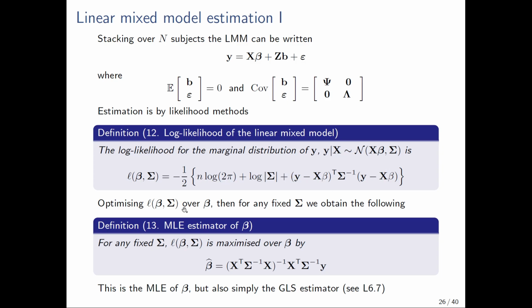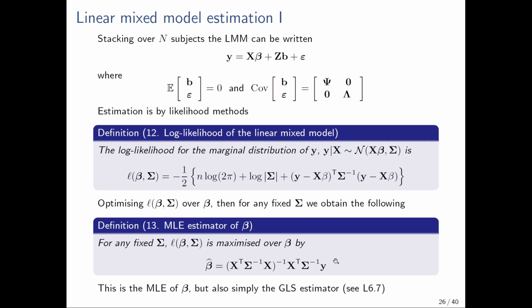Optimizing that log likelihood over beta for any fixed sigma gives the result that we get here. This is the maximum likelihood estimate of beta for the linear mixed model. And this gives us (X transpose sigma inverse X) inverse X transpose sigma inverse y.